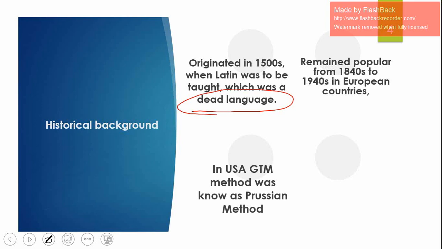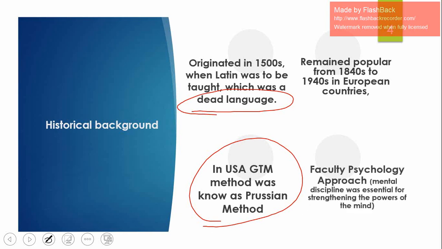In the USA, the GTM method was known as the Prussian method. In the USA, there was also a book written by a writer who compared the grammar translation method and the Latin Greek studies. Next is the faculty psychology approach. This method is based on the faculty psychology approach. What this approach says, this is a psychological approach: mental discipline was essential for strengthening the power of the mind.